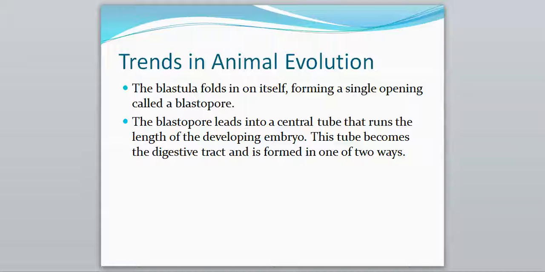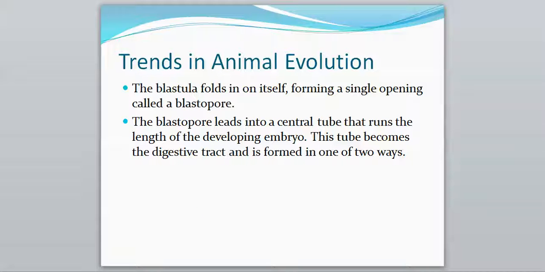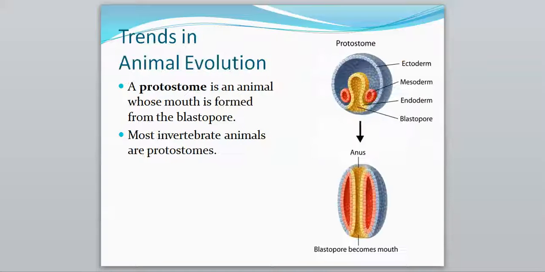So we all start off like this. Sponges through humans all start out like this, and from there they can go one of two ways. The first way is they can be what is known as a protostome. A protostome is an animal whose mouth is formed from the blastopore. If we look, the blastopore is this yellow opening right here.